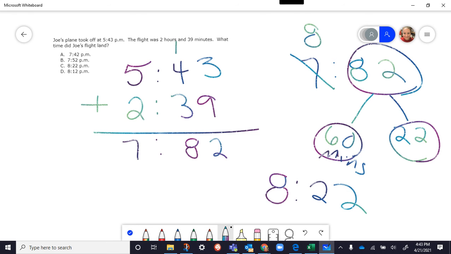So there's 2 ways that you could solve this, either with the number line, or you can look at just adding it and making that change so you don't have a crazy time like 7:82. And then this is PM because we started off at night there.